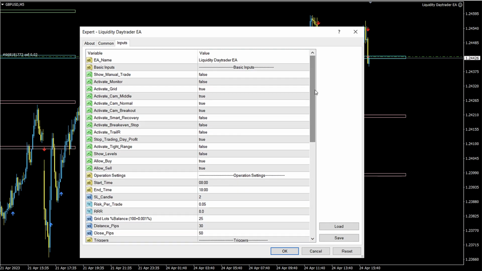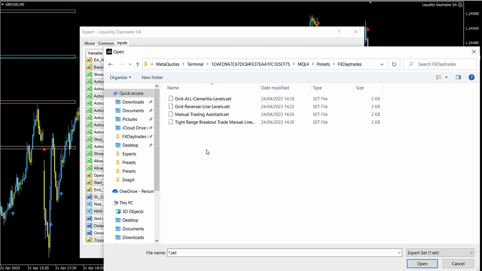Now, the other features that I will be showing you: I have added 4 presets that you can use. For people who want to use the fully automated strategy, they can use the grid on all Camarilla levels.